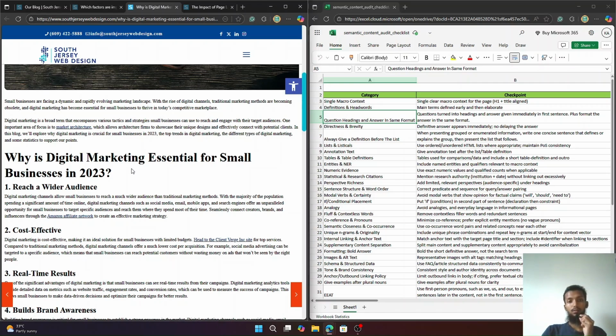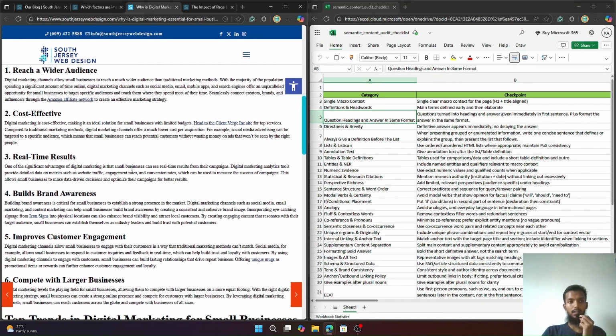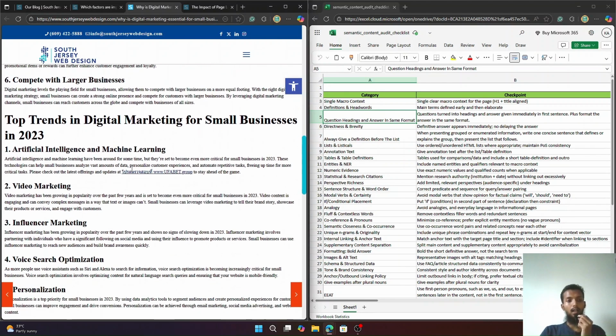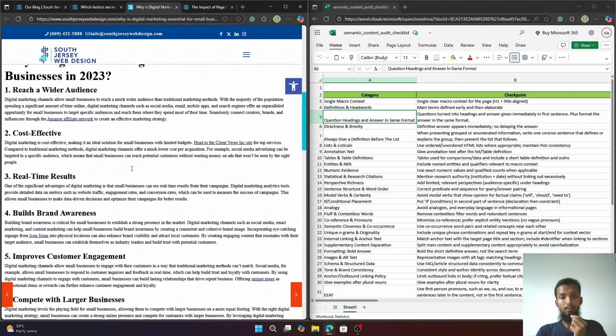They could do this type of headings, and they also could add definitive headings like what is digital marketing, what is a small business, how digital marketing works, things like that. And they could answer those questions in a similar format, like what is digital marketing? Digital marketing is this. So this is the question and answer format.